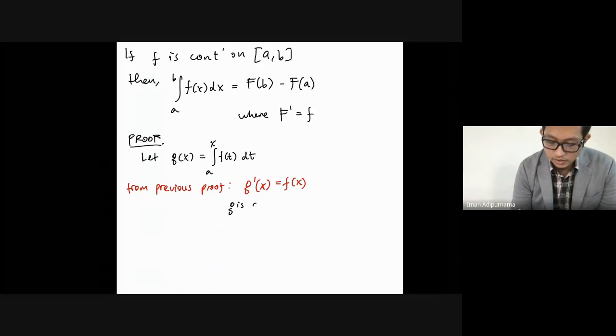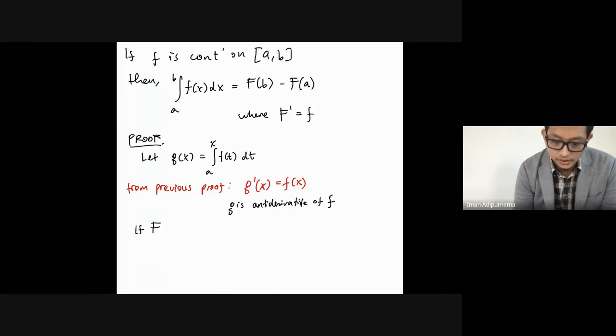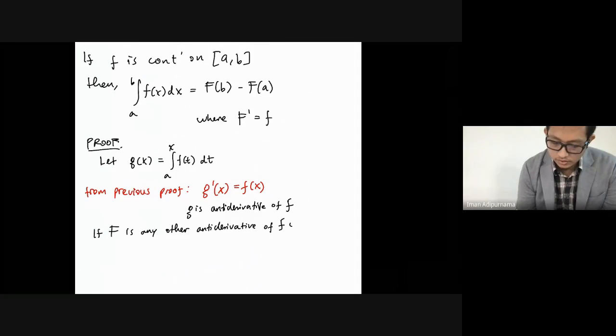So G is an antiderivative of f. Let's say big F is any other antiderivative of f on [a, b].